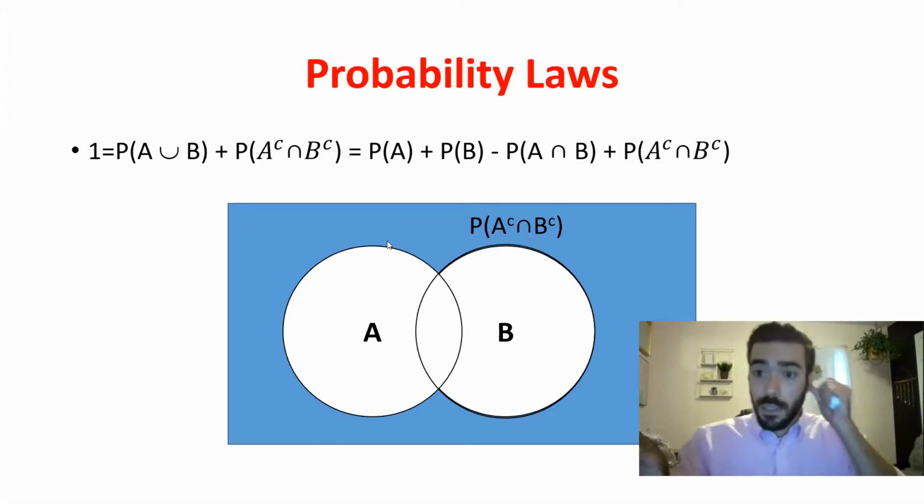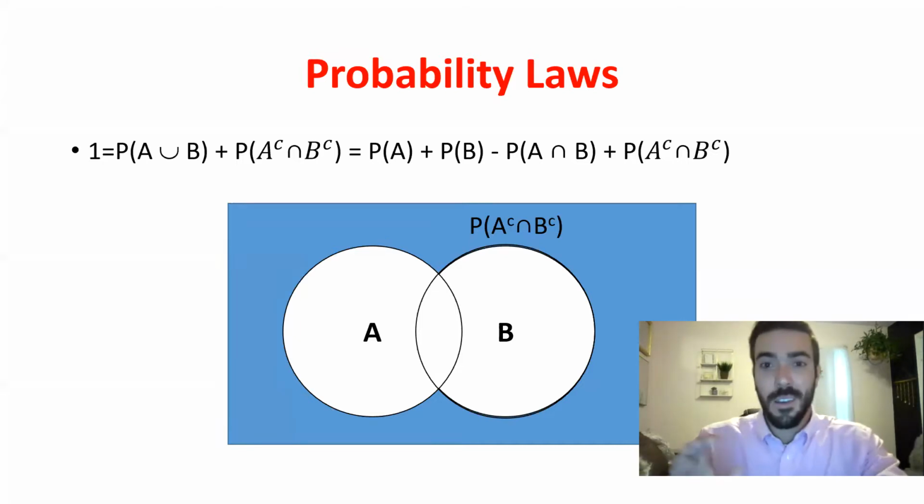And if you're not completely sold or clear exactly why that is, just accept that that is what it is, right? If I tell you that's what it is, you can clearly see that that blue area and the white area add up to the entire experimental outcome space. So I take the white and the blue area, add them together, I should get 1.